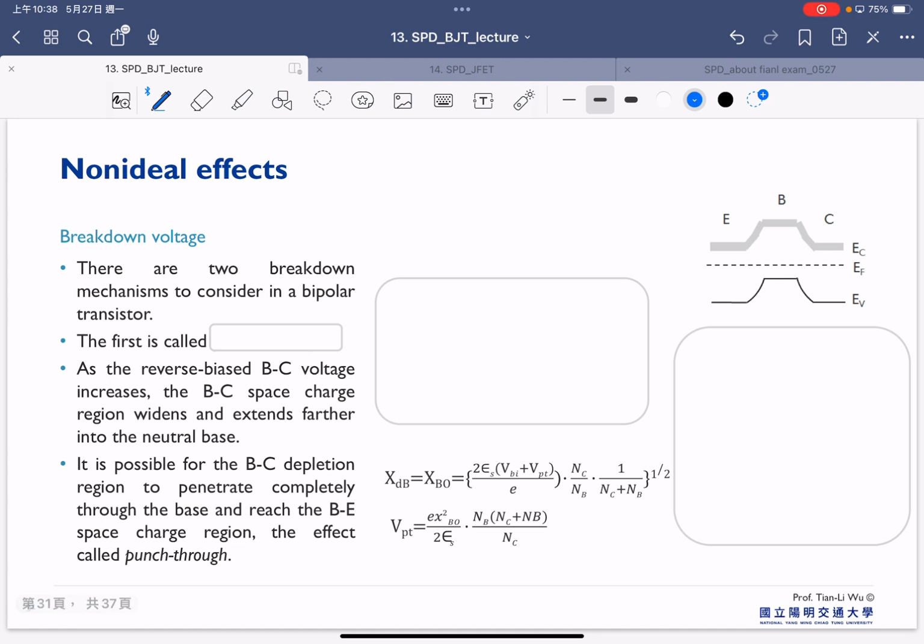And also, there are some issues related to the breakdown voltage in the BJT as well. Inside the BJT, there are two breakdown mechanisms to be considered in the bipolar transistor. The first one is what we call punch through.